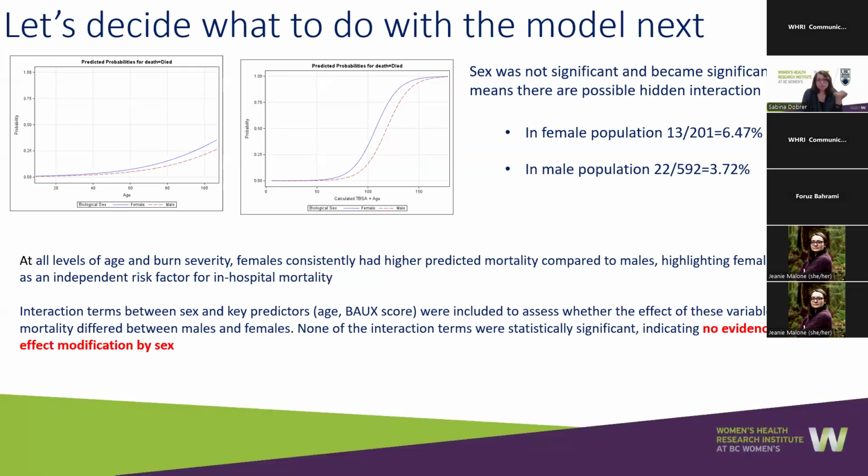But here, based on this effect plot, I can say there's no evidence of effect modification by sex. So basically, sex is not modifying the effect of bow index on death. For a high bow index, you will have more chances to die for both female and male.